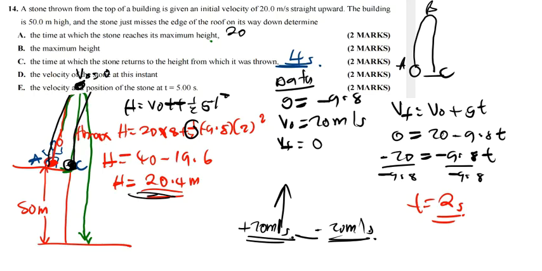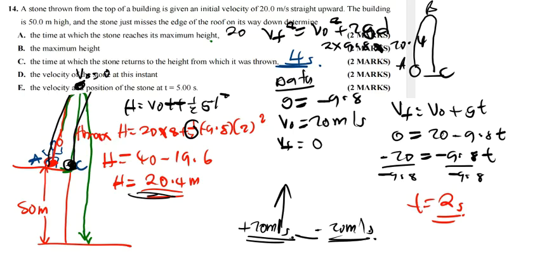I want you to go ahead and use this formula. You'll be able to find negative 20 meters per second. Now, G will be positive since it's going toward the gravity. So you plug in the values, you discover that you have 2 times 9.8, then times the D, 20.4.